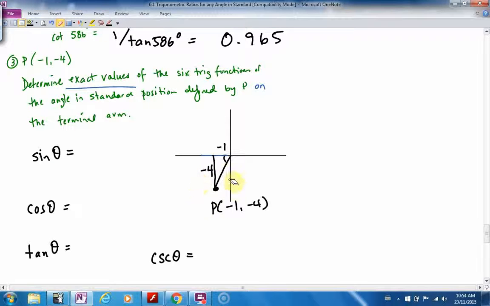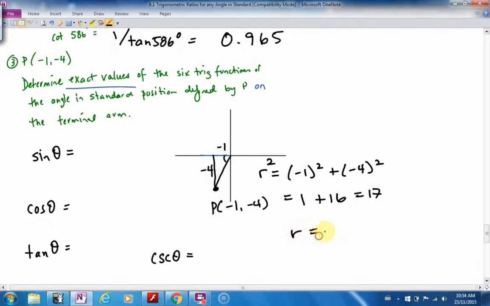And we can figure out the radius. How do we figure out the radius? We use the Pythagorean theorem. So r squared equals -1 squared plus -4 squared. So r is equal to root 17.